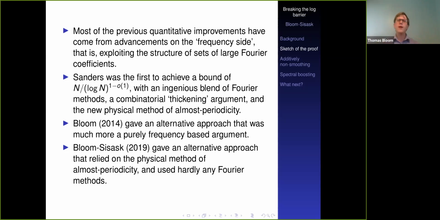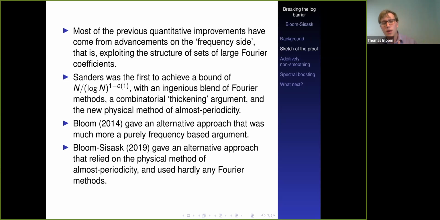It was by combining both of these that he obtained n over log n. In my 2014 paper, I gave an alternative proof that abandoned these new physical methods of almost periodicity, and instead gave, in a way, a more traditional proof using just properties of the frequency set, the set of large Fourier coefficients.